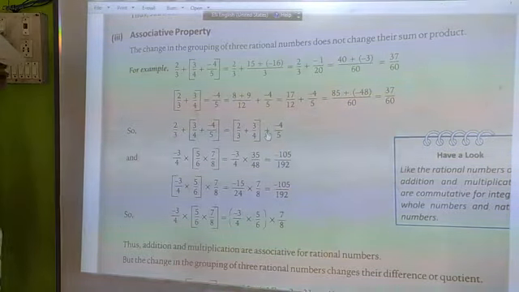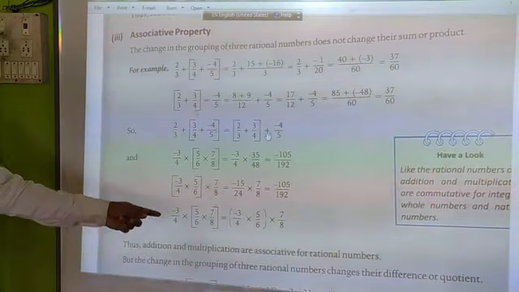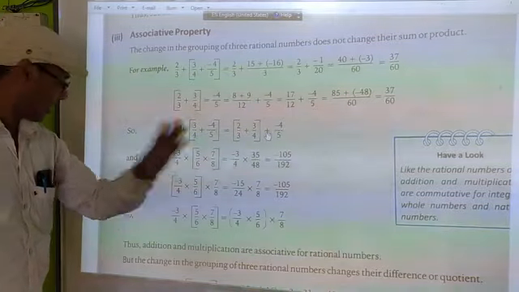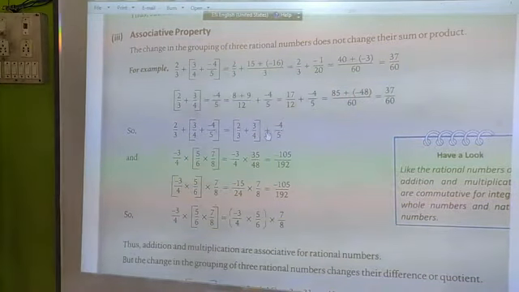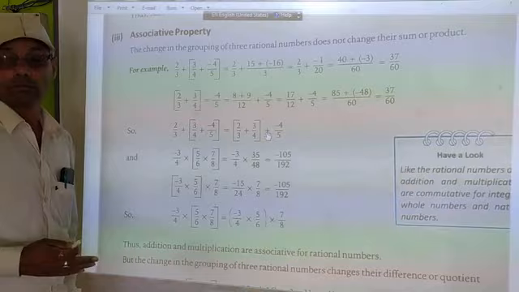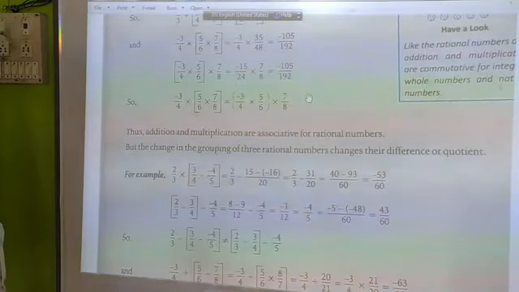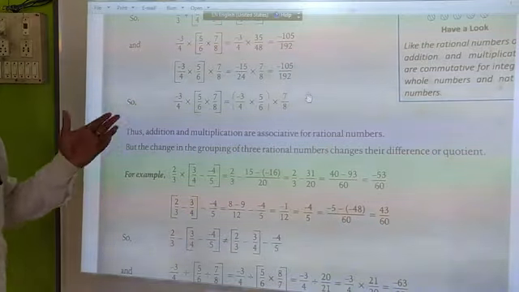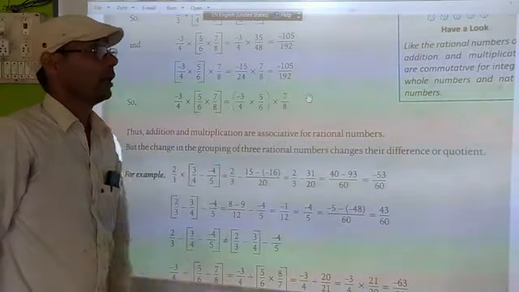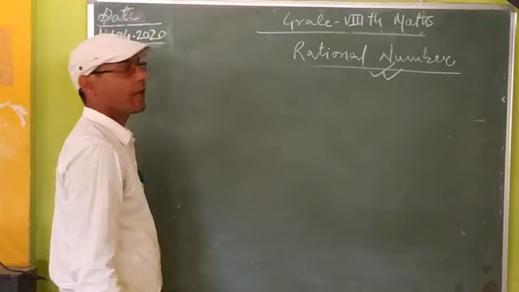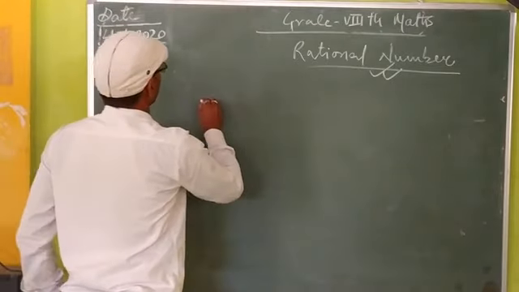What are you looking at? Addition and multiplication are associative for rational numbers. I am going through the blackboard. Just wait, I am taking it. What are you looking at here?